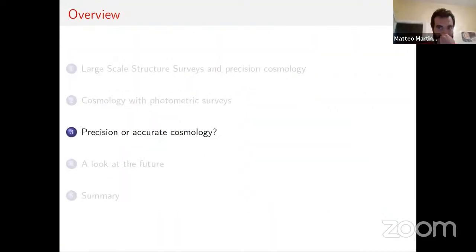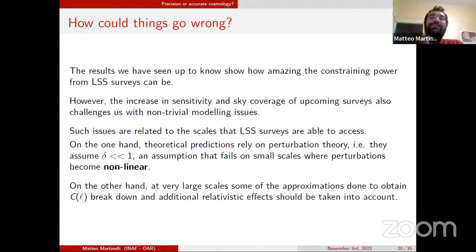Okay, so let me go forward if there are no other questions. And after a nice optimistic part telling you what photometric surveys will be great for, let me go for a bit of issues. So how could things go wrong? I mean, we have everything under control, we expect fantastic constraints and so on.